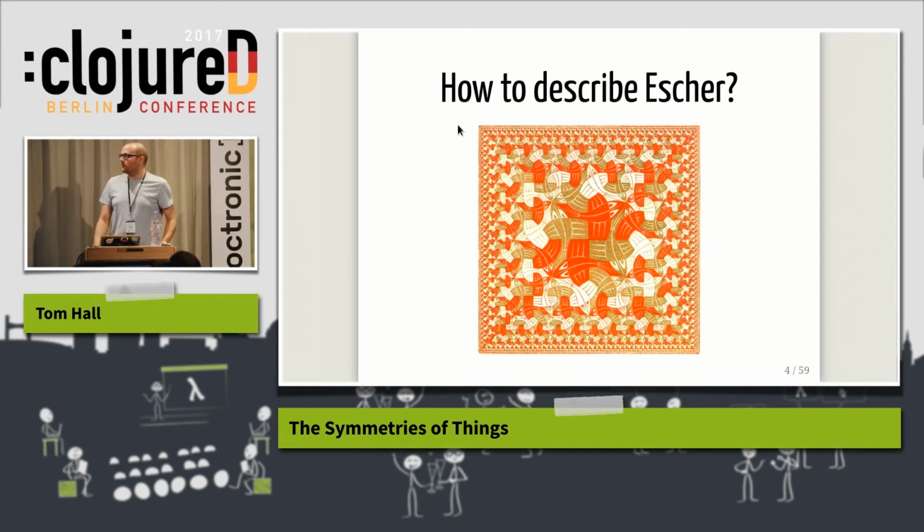So the first half of the talk is essentially how Henderson uses a deep embedding into Lisp of a language for describing pictures, and then we move on to different kinds of symmetries as per the book previously referenced.